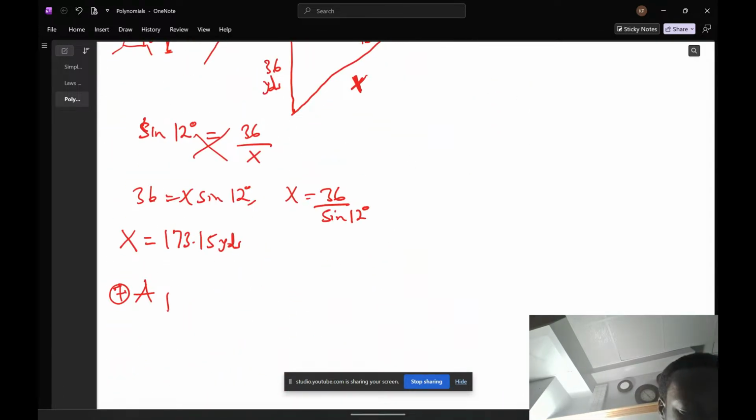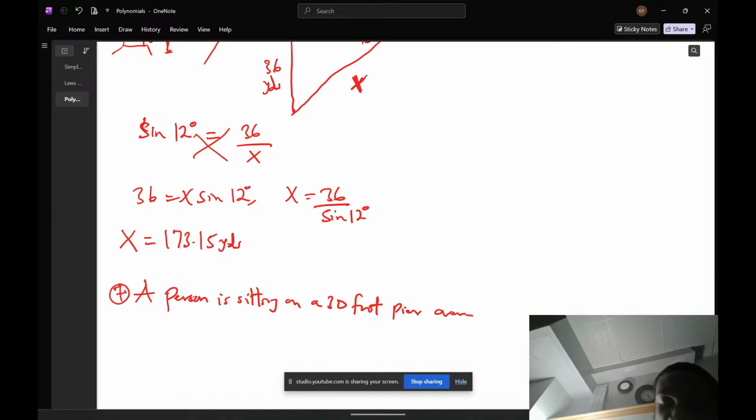Number 7 says that a person is sitting on a 30-foot pier overlooking the ocean.